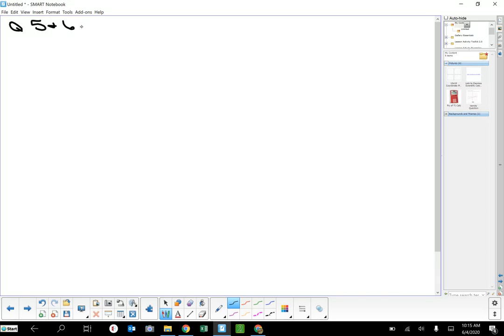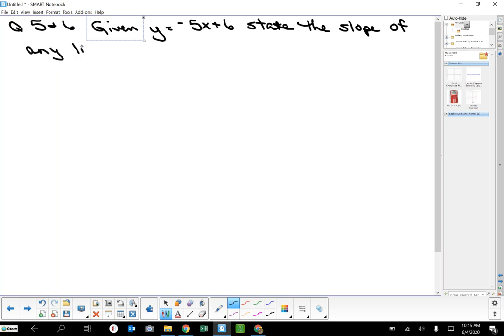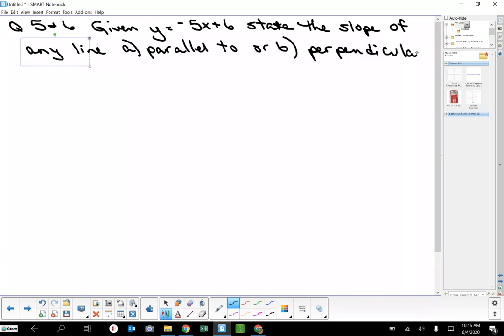These say, given the equation of a line, state the slope of any line A) parallel to or B) perpendicular to the line.